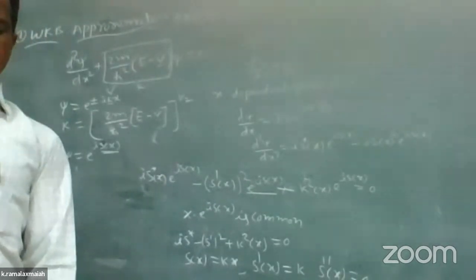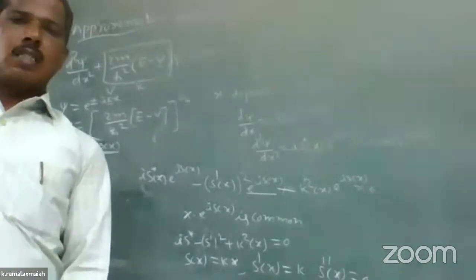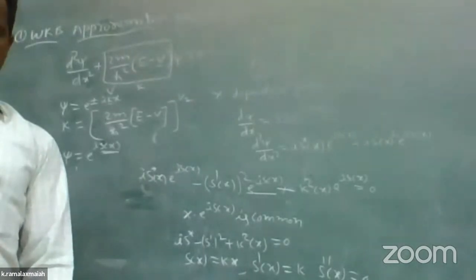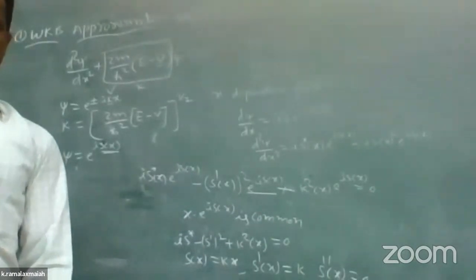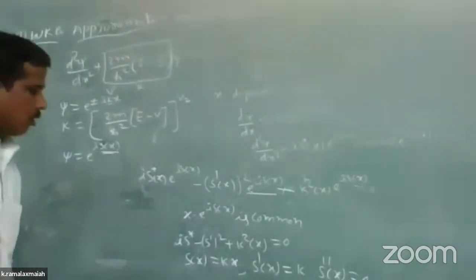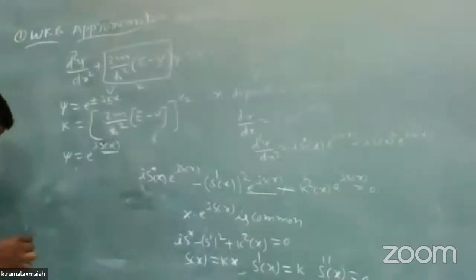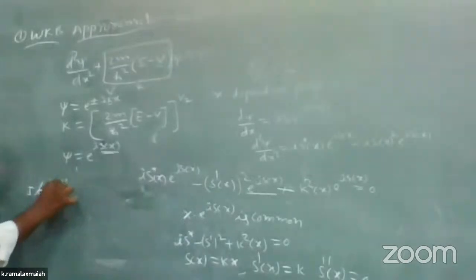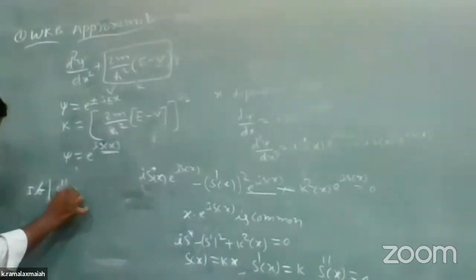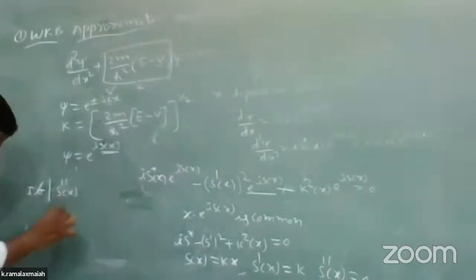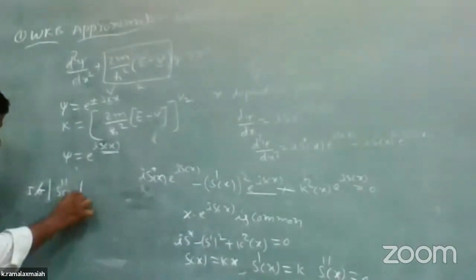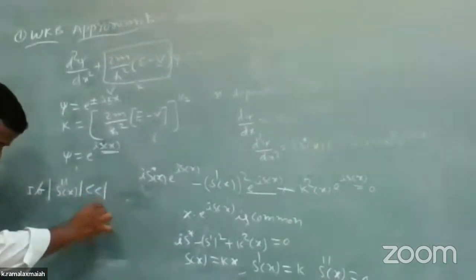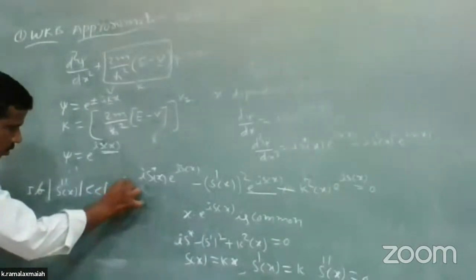We assume that the second derivative remains relatively small, the potential does not vary much, so the smallness of s double dash of x compared to s dash square.